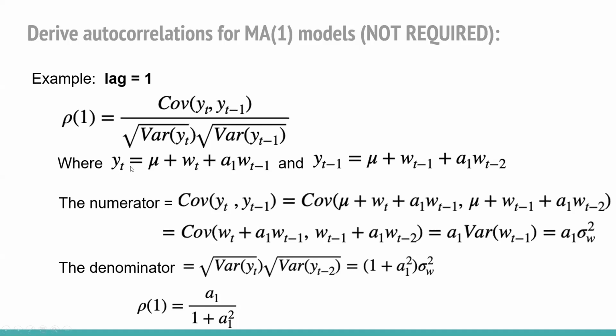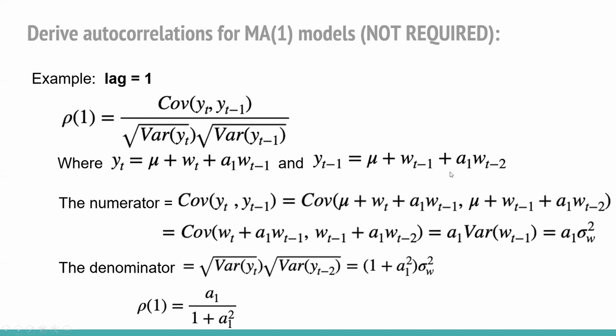And where yt is equal to this, take a look at that. These are yt. And I may want to substitute for yt minus 1. If I come to this and say t minus 1, I'm going to have this one. And I have to come to this and say minus 1, I'm going to have this one. And I have to come to this place and say t minus 1 minus 1, and that will be t minus 2.